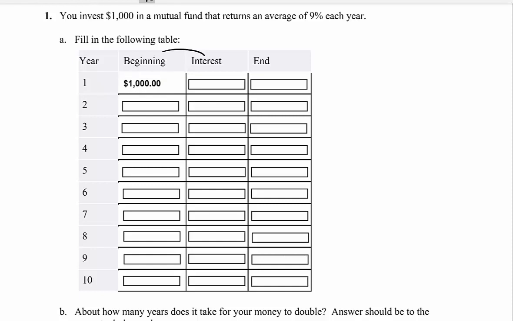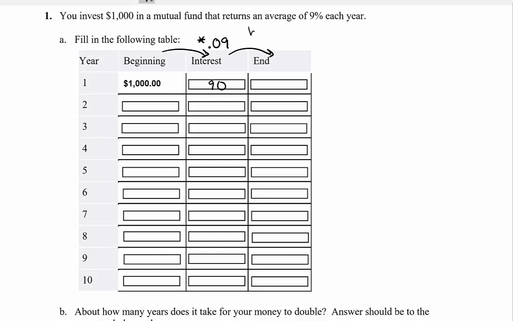In order to calculate how much interest you will earn on that $1,000, you need to turn this percentage into a decimal and multiply by that. So if we take 1,000 and we multiply by 0.09, we're going to get 90. And then to get your end amount, so that's after you've earned 9% by the end of the year, what's your total amount at the end?